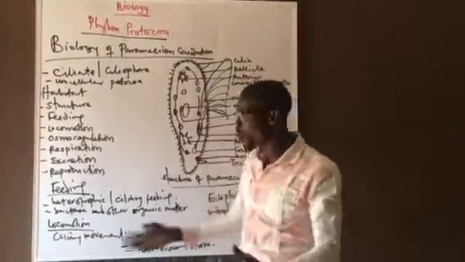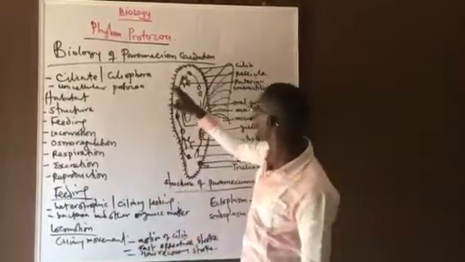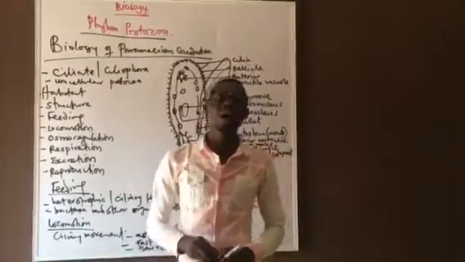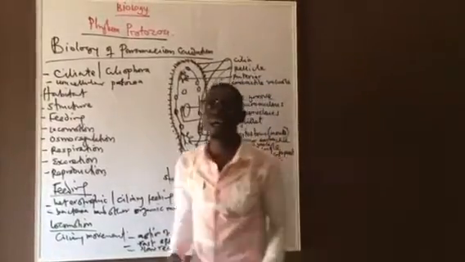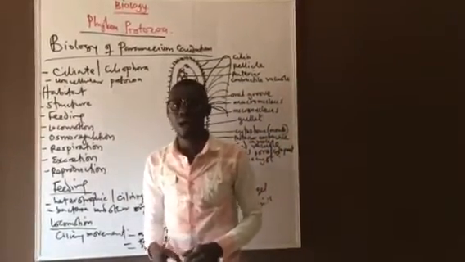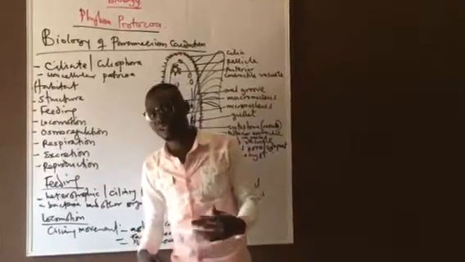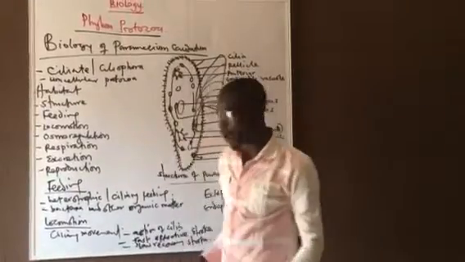This water needs to go out because if there is too much water, it will cause bursting. So the contractile vacuole is responsible for the maintenance of water balance. And this is done by active transport, which is an energy consuming process that releases water outside.